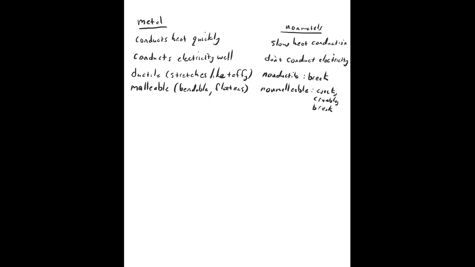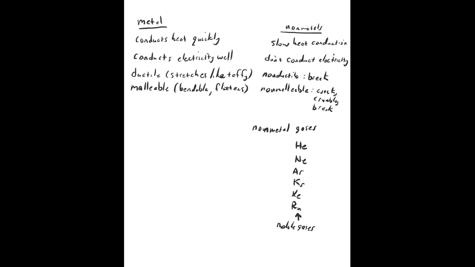Okay. Now, some nonmetals are gases at room temperature. Not all, but some of them are. So those ones are easy, right? If it's a gas, it's a nonmetal. So the noble gases. These are called the noble gases. They're all gases at room temperature.